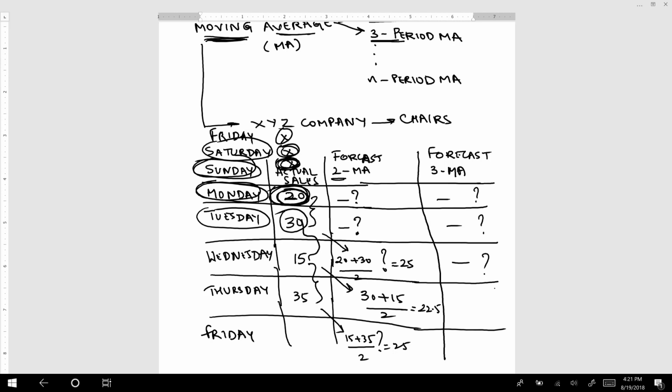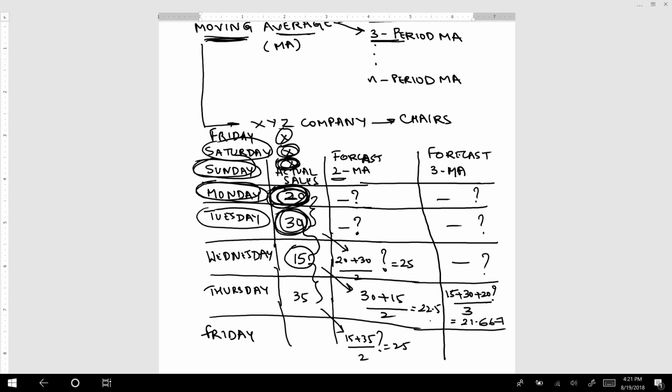To calculate Thursday, we have Wednesday's actual value, Tuesday's actual value, and Monday's actual value. So we will be able to calculate. That would be 15 plus 30 plus 20 divided by 3. We are taking the average of those three. That is going to be 21.667.